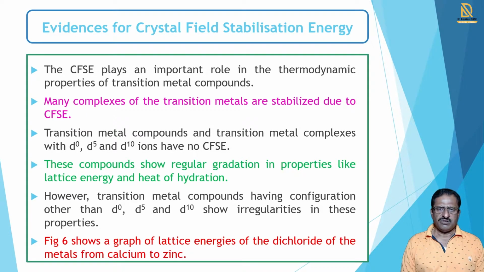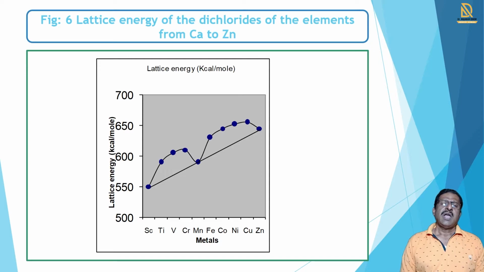Figure 6 shows a graph of lattice energies of the dichlorides of the metals from calcium to zinc. In this figure, on the x-axis different metals are given, and the lattice energy of those metals is calculated and shown on the y-axis.